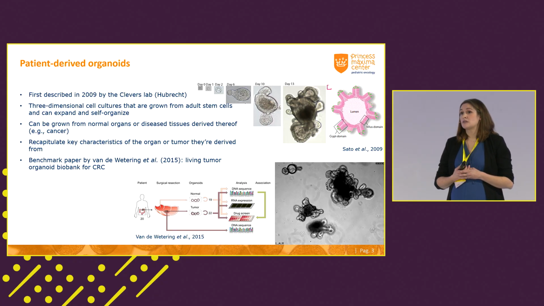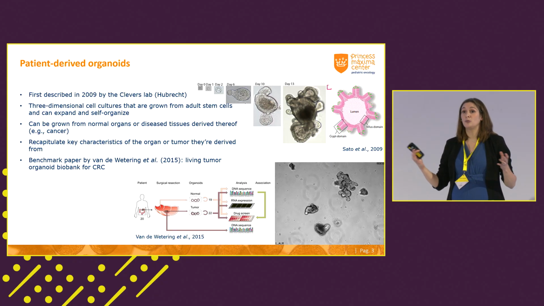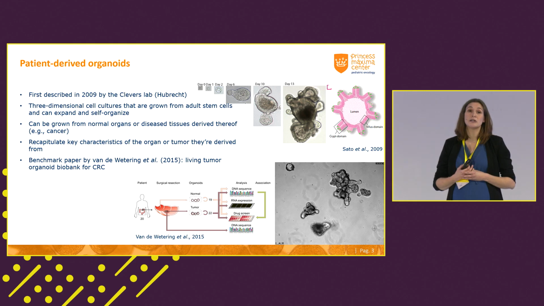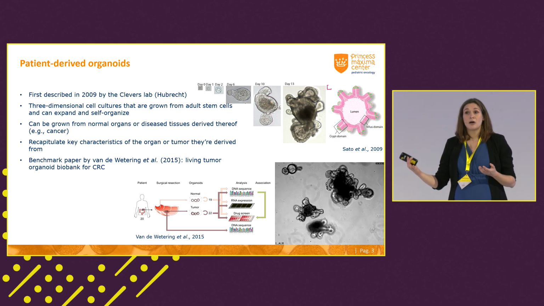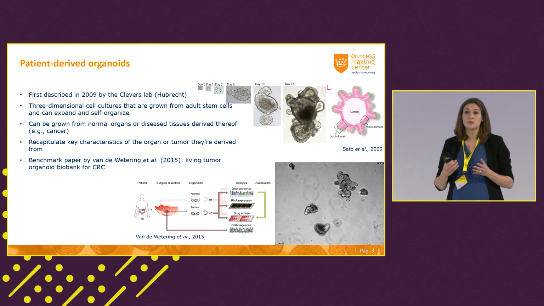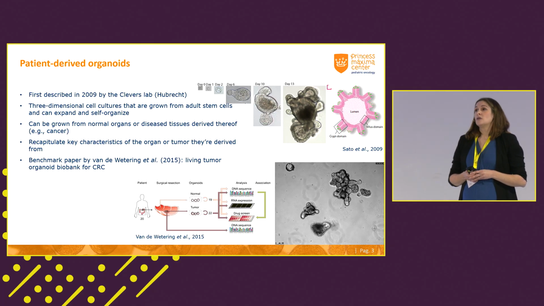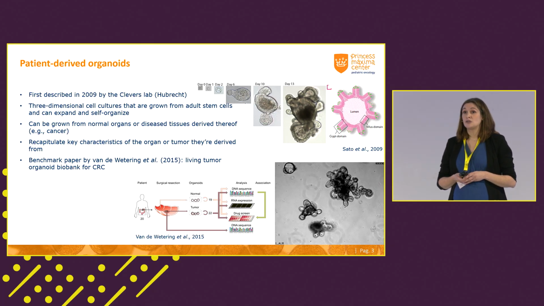And these organoids could be used for really high throughput experiments, such as drug screens, but they can also be frozen down and then later thawed and started up again for future experiments. So this is a very useful way to use this tumor tissue in research.